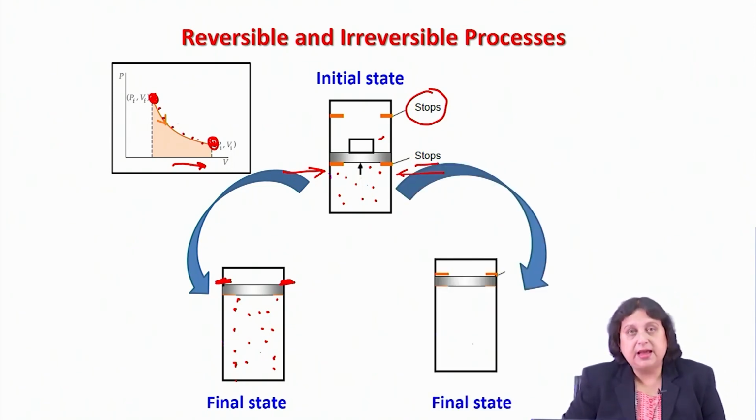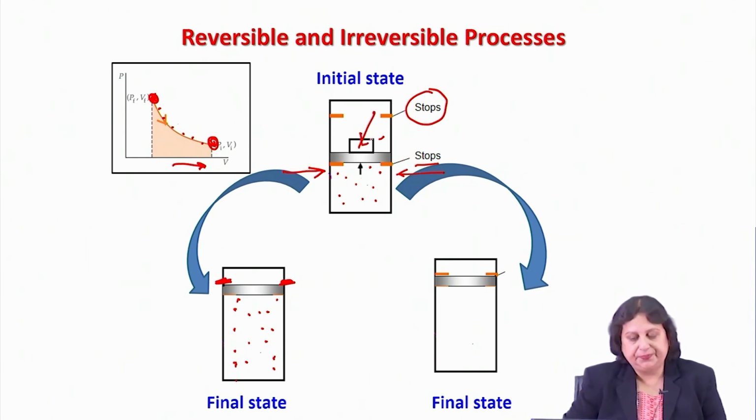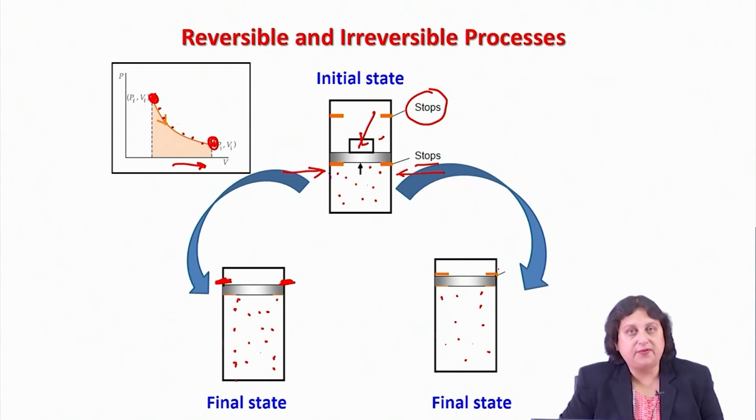But if I carried it out in one single swift rapid step, so I rapidly withdraw the stops and rapidly withdraw this external force holding the piston here, in one step the gas will expand and the piston will get arrested by the upper set of stops. So this is an irreversible process. And in this process, it is only the initial and the final state which are equilibrium states.